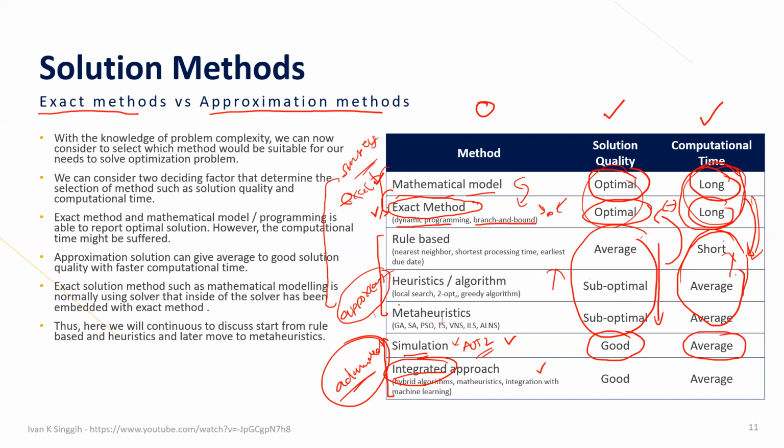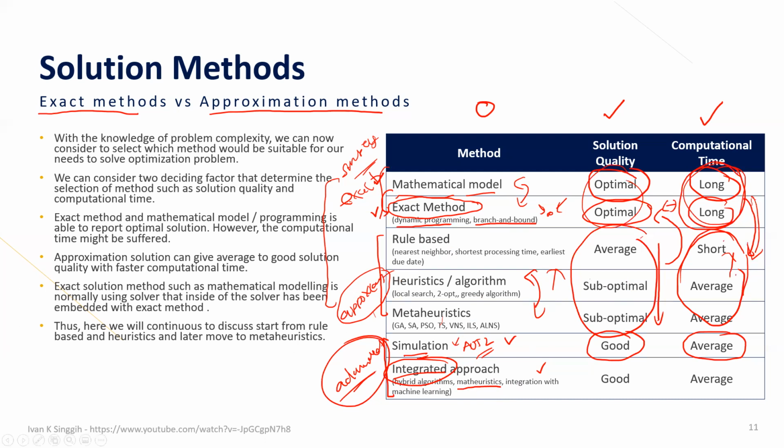Combination can be between exact solution and approximation solution. It is normally called math heuristic, mathematical and heuristic. Or sometimes they also combine approximation algorithms, because approximation algorithms are also many and have their own drawbacks. So you have the terminology called hybrid algorithm.